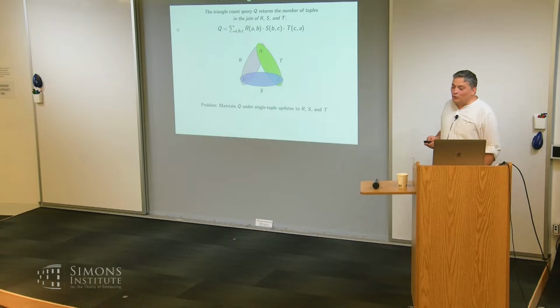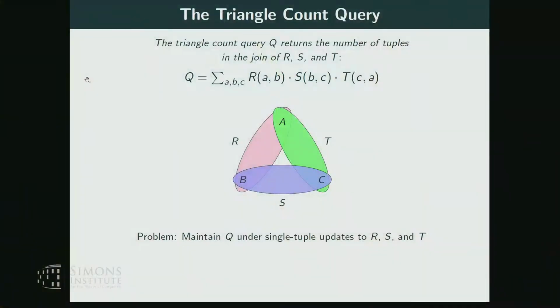So let us look at the triangle count query. So this is the way we'll actually represent the query. We take these factors as being these functions that map tuples AB, over the values AB, to some element of a ring, S the same, T the same, and then we take a sum over ABC.